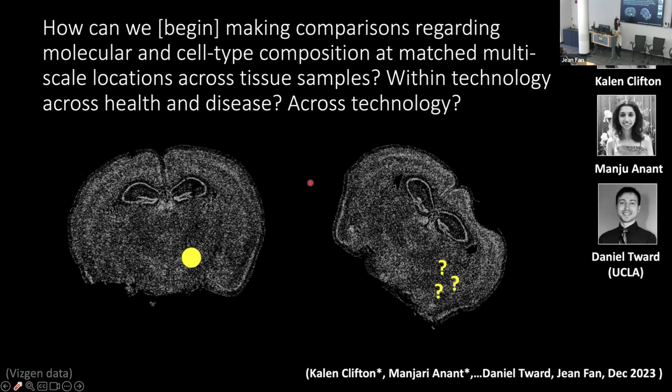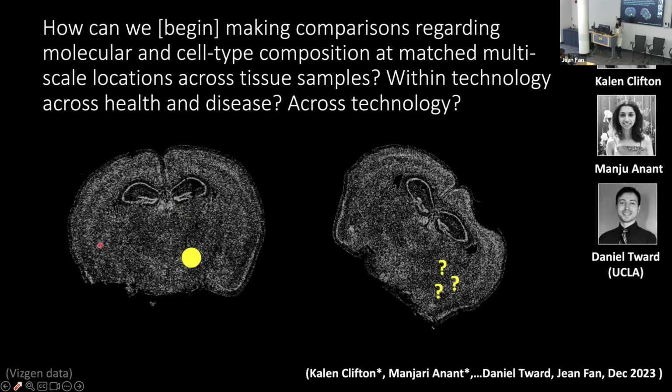So this journey started when we and others are now applying these technologies to generate, let's say, similar tissue spatial transcriptomics data sets, but across many different technologies or across many different health and disease axes. And one question that we come to is we want to begin making comparisons regarding molecular and cell type composition at matched locations across these tissue samples.